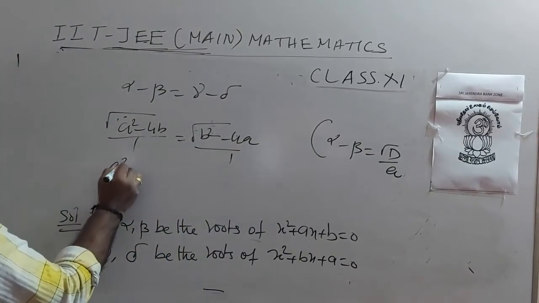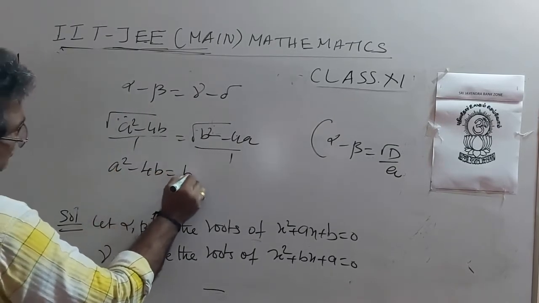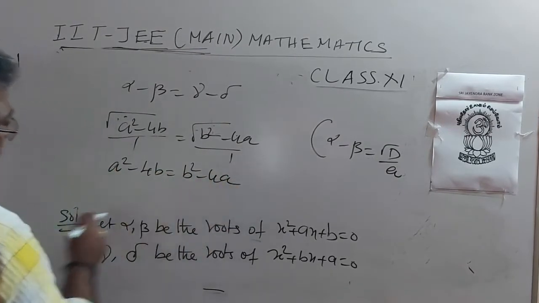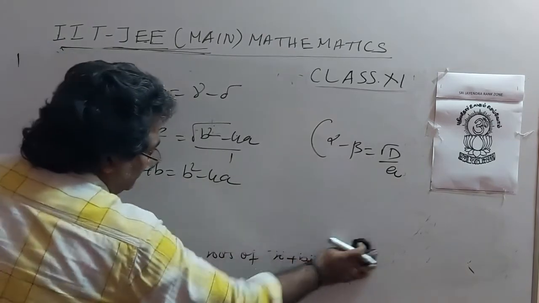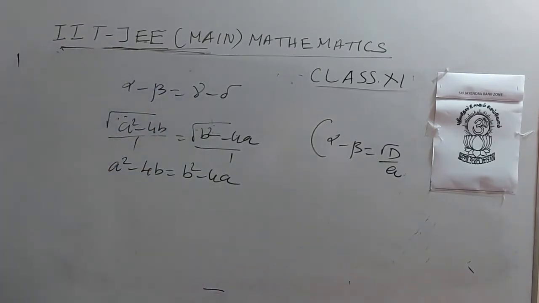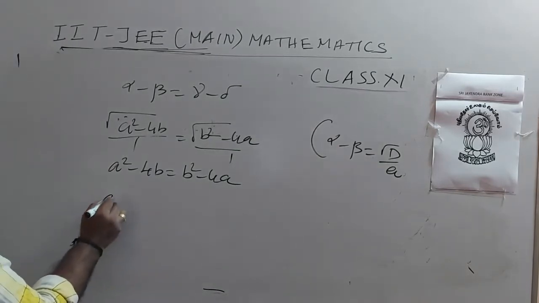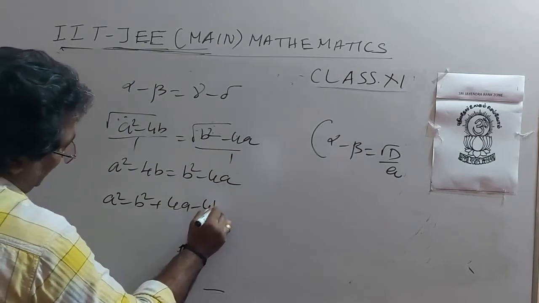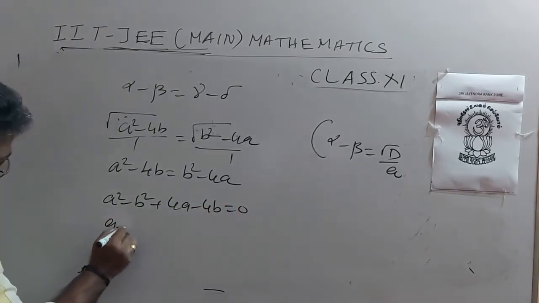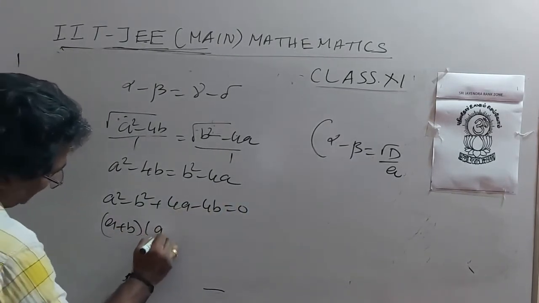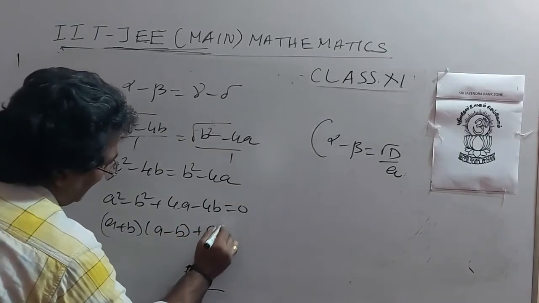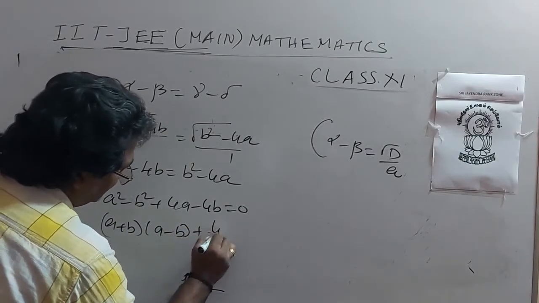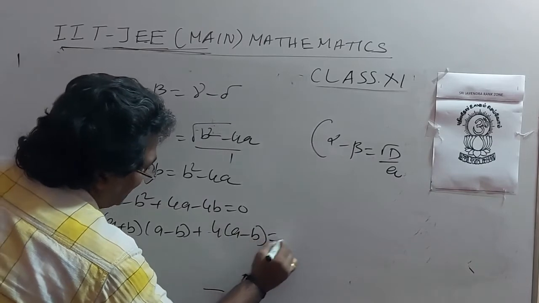So squaring on both sides, a squared minus 4b equals b squared minus 4a. A squared minus b squared plus 4a minus 4b equals 0. (a plus b)(a minus b) plus 4(a minus b) equals 0.